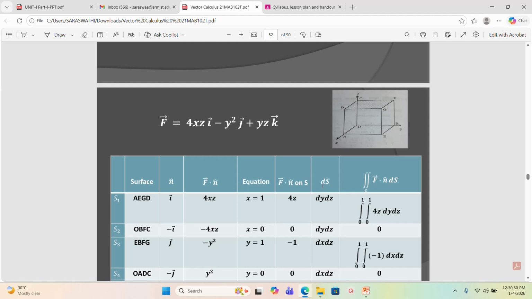And ds, this is the xz plane, so ds is equal to dx dz.